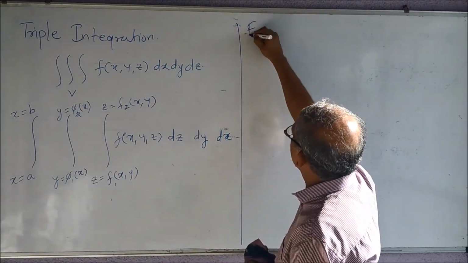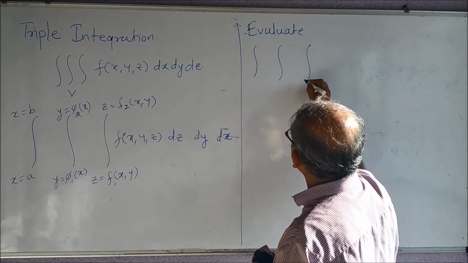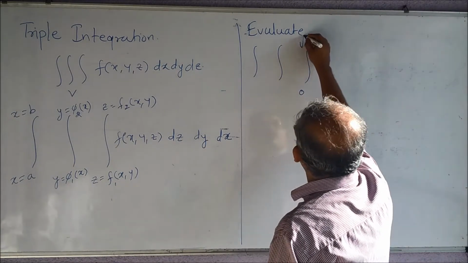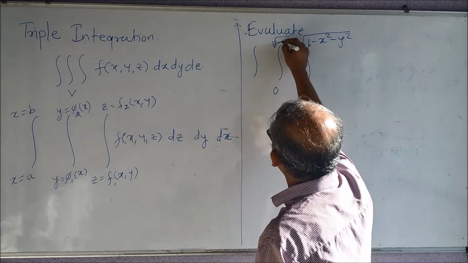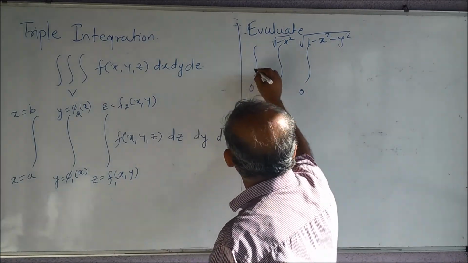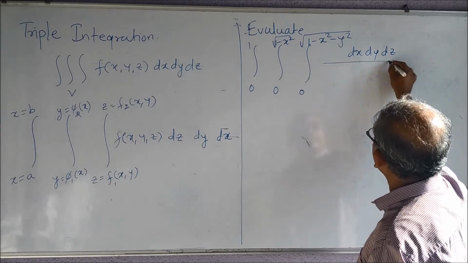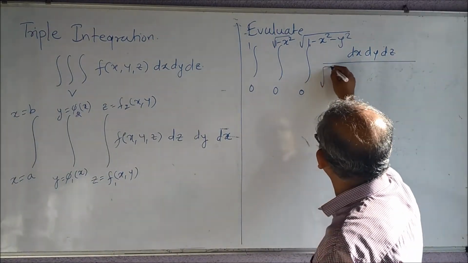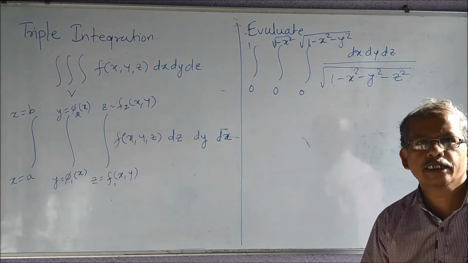Evaluate the triple integration, with limits 0 to under root 1 minus x square minus y square, 0 to under root 1 minus x square, and 0 to 1, dx dy dz divided by under root of 1 minus x square minus y square minus z square. So this is the integration given.